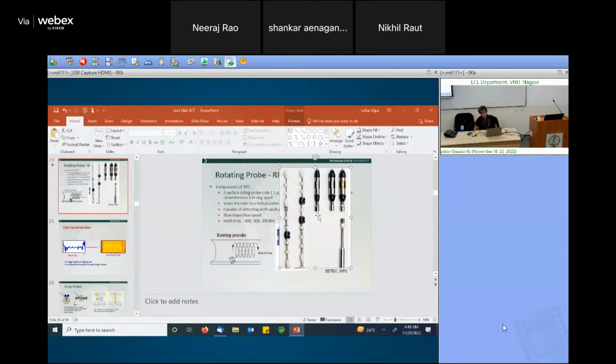See, the coil is wound like this: you have the same coil and it is wound in the opposite direction. Both the coils are there, with a single excitation source, and you're measuring this differential impedance.